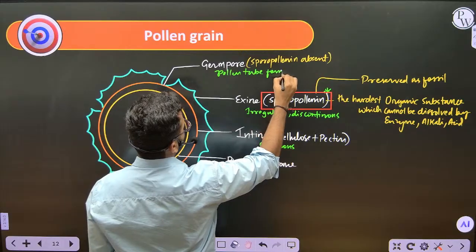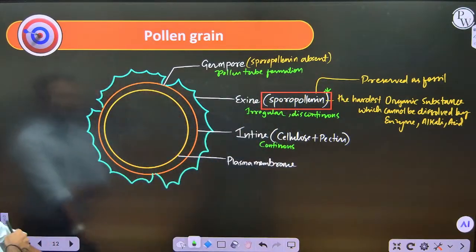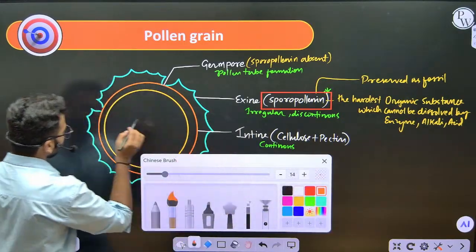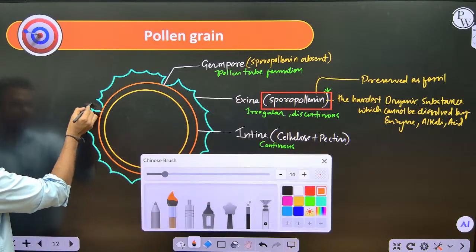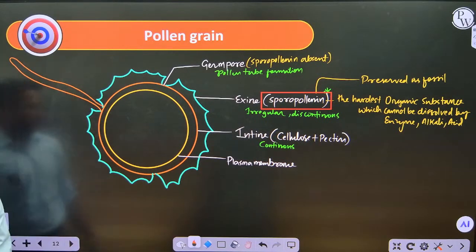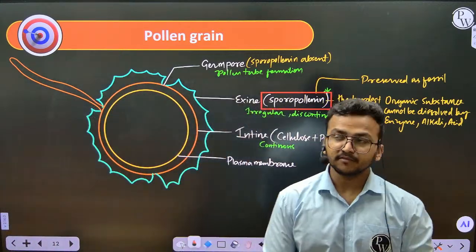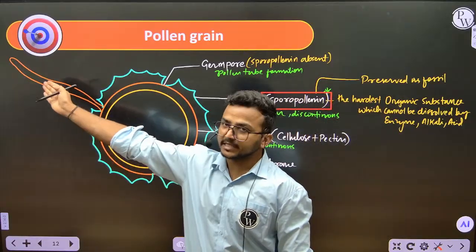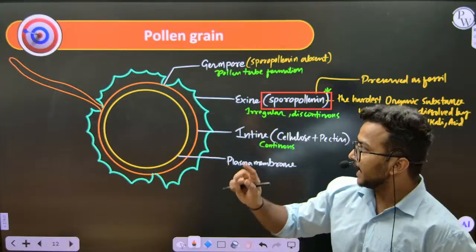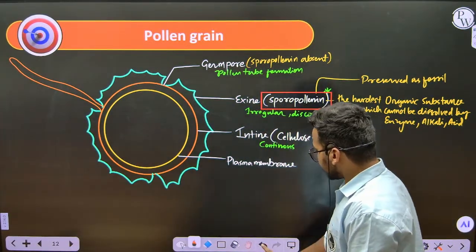Germ pore is kept open for pollen tube formation. Pollen tube formation in the sense, see, it is open here, it will germinate a pollen tube like this, through where the male gametes can pass. The male gametes will be there in pollen grains. To go through that, it germinates, it makes a pollen tube there. Through that the gametes will be passing. Okay, so that is kept for that.